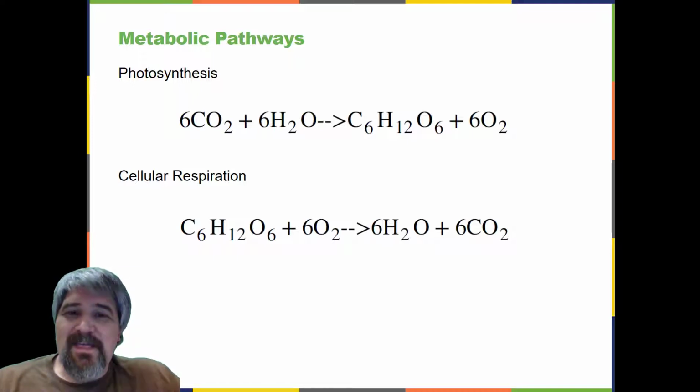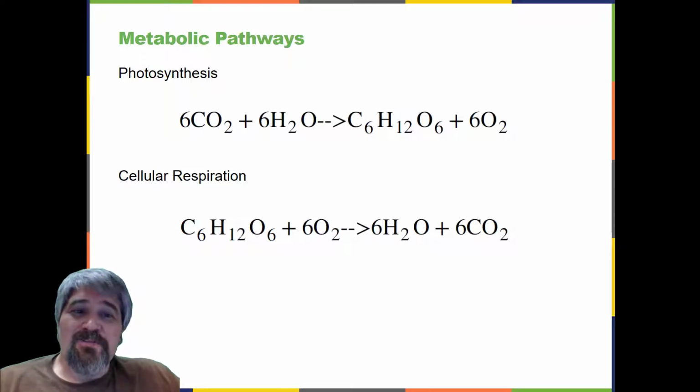The process of making and breaking down sugar molecules illustrates two examples of a metabolic pathway. A metabolic pathway is a series of chemical reactions that takes a starting molecule and modifies it step by step through a series of metabolic intermediates, eventually yielding a final product.